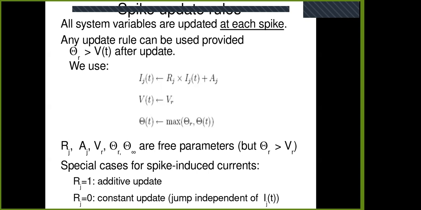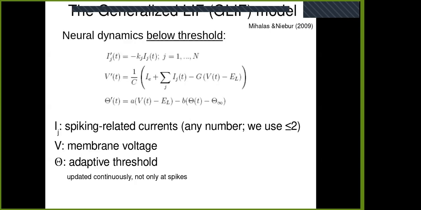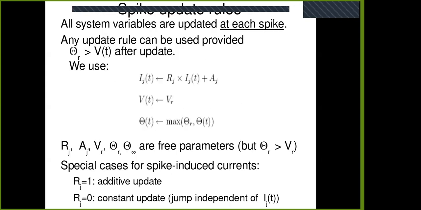I mean, you reset the voltage to V_R. Yes, but does it stay there for a while? No, once it's at V_R, by this condition here, it's below theta, because V_R is smaller than theta_R, and theta could be higher, but then it would be even higher. So it's definitely below the value at this time.